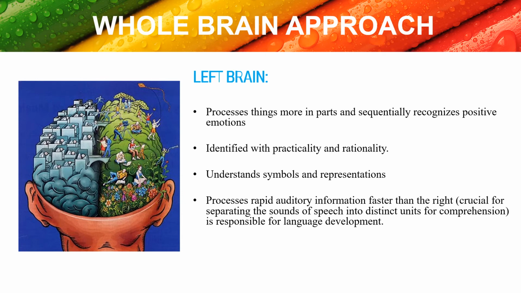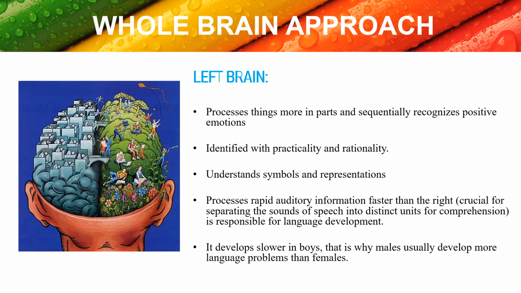Also, it is the center for the processing of auditory information, much faster than the right one. So when language development happens, the left brain works in a much better, faster way, so that the understanding of sounds as distinct speech, as distinct units, is done using the left side of the brain.